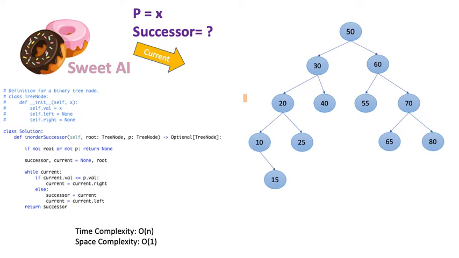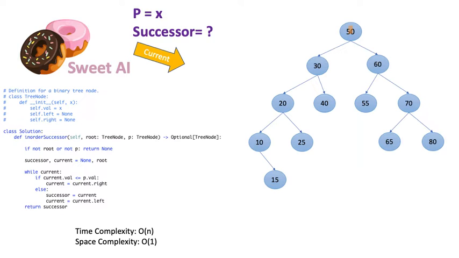For solving this problem, as I mentioned, we are going to use the binary search tree property: the left node is smaller than the root and the root is smaller than the right node. For that purpose, we are going to traverse the tree starting from the root node until we find p's value.